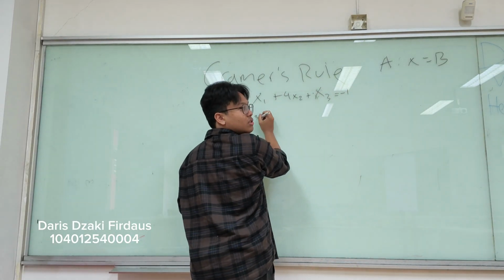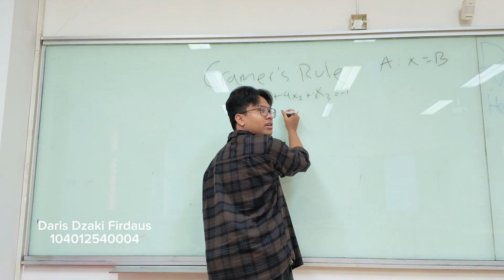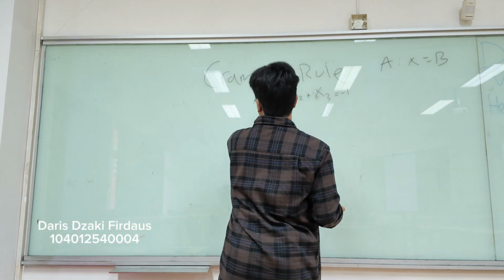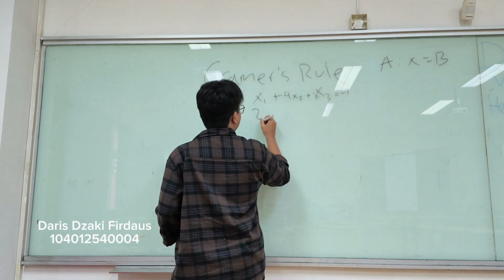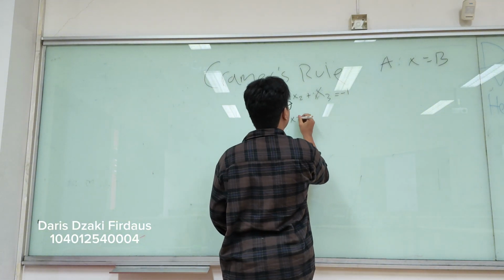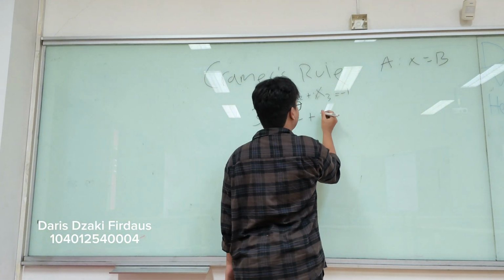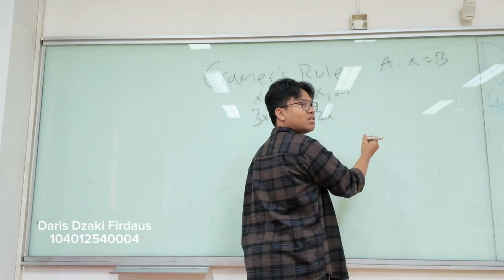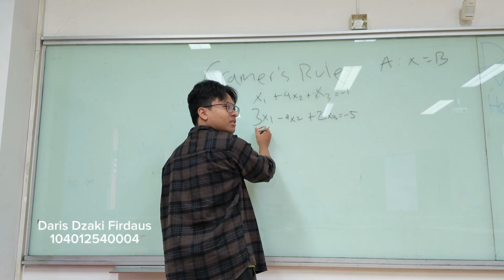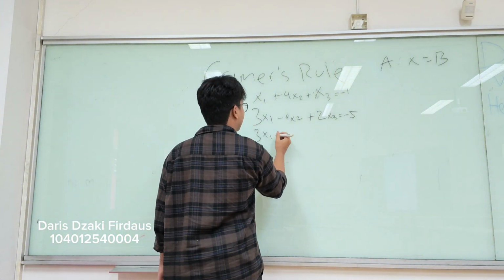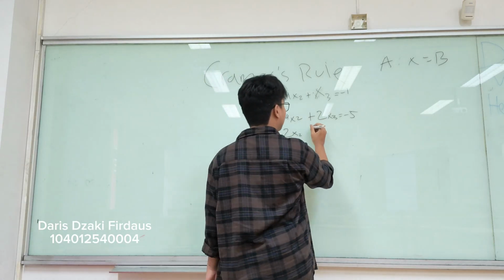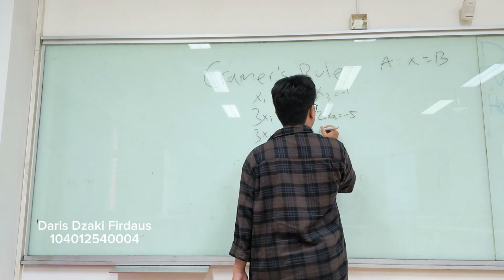And then 3x1 minus 4x2 plus 2x3 equal to minus 5. x1 minus 2x2 plus x3.